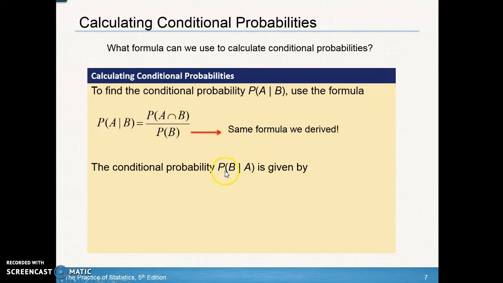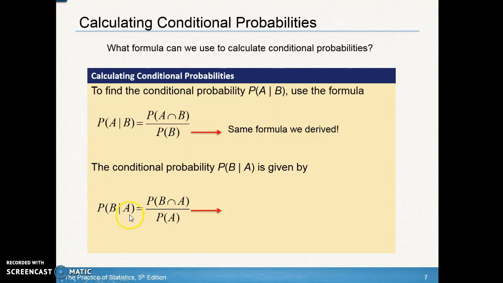So the conditional probability of B given A is the following. Same thing, B given A. Now this time we know that A has occurred. You don't necessarily have to memorize where the A and B go. Just know that the numerator is always the probability that they both occur, the and statement. The denominator is the probability that the condition has occurred.